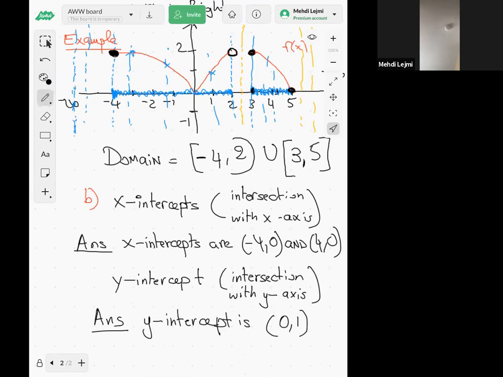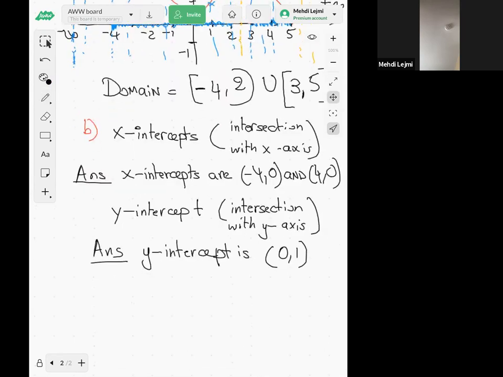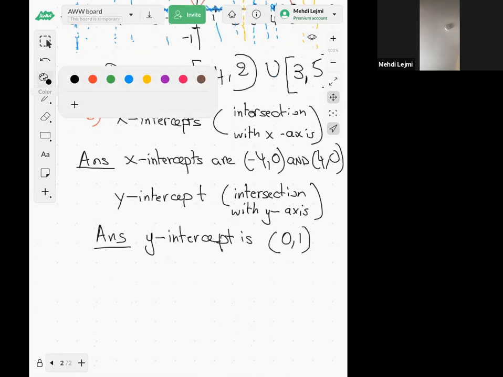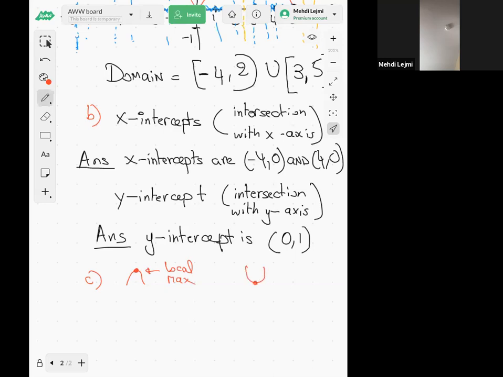Next, local maximum, local minimum. So let me just remind you guys, for local minimum and local maximum, whenever I have a parabola, if you have a small parabola like this, then this point here would be a local maximum. And if you have a small parabola open up, then that would be a local minimum, right?